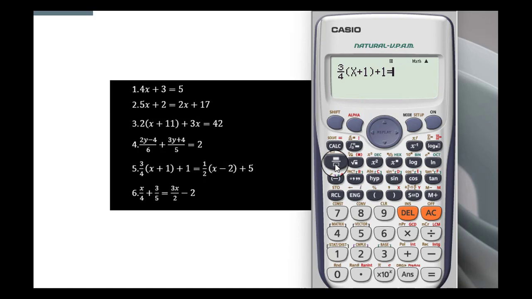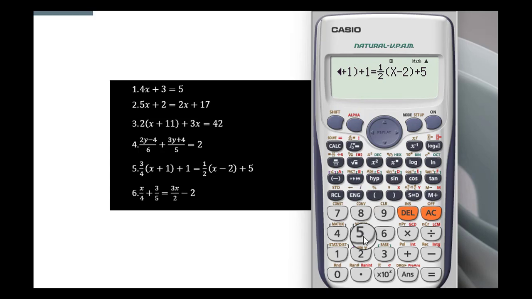Now next we need the half, and to get our half we first press the fraction key and then 1 for the numerator. You scroll down and press 2, then scroll forward to open our brackets. Bracket open, alpha x, because we have an x here, minus 2, bracket close, plus 5.